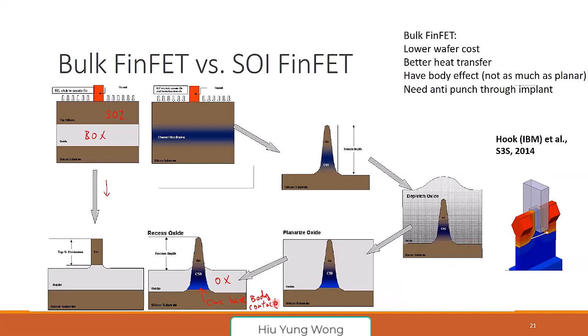The good thing about bulk is what? Lower wafer cost, cheaper, better heat transfer. I already mentioned to you now the heat can go through the silicon. It is not blocked by the box. You can also have body effect, right? But you need some so-called anti-punch through, just like channel doping. Usually you have the P-type doping to avoid the source and drain punch through.